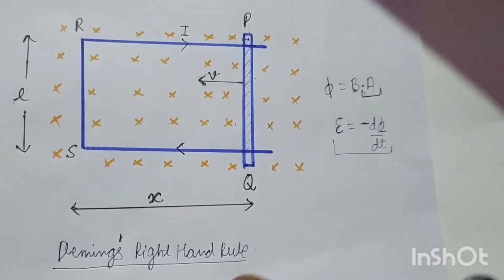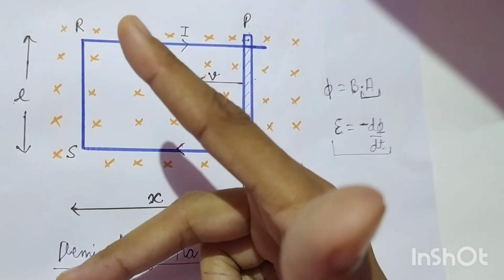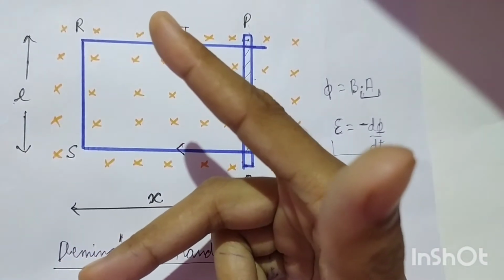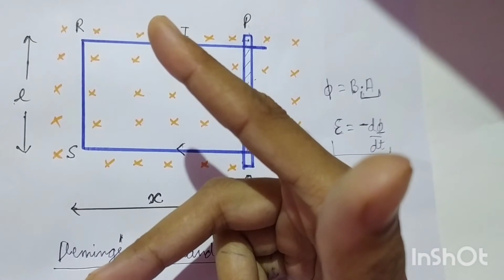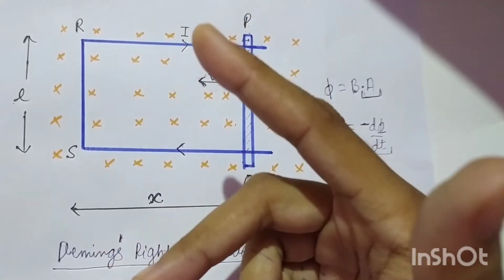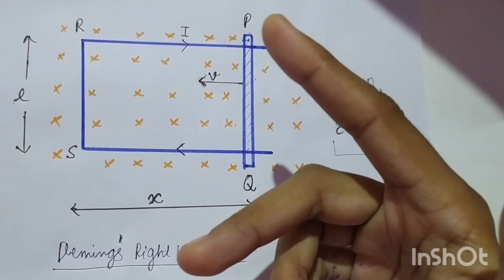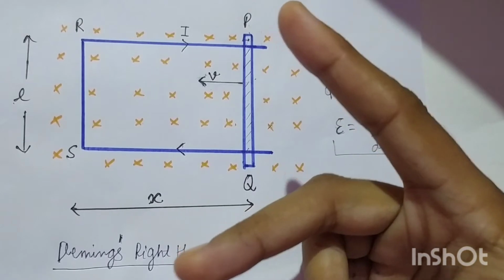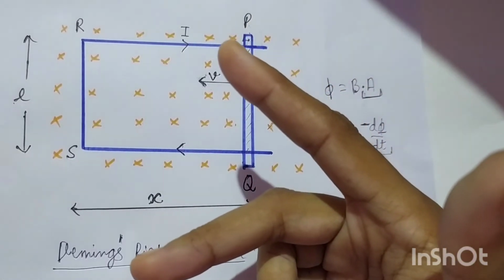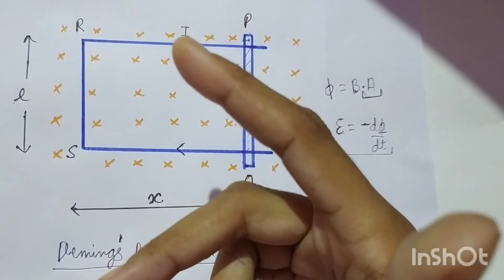If we stretch the first three fingers of our right hand perpendicular to each other, the forefinger is in the direction of magnetic field, and the central finger gives the direction of current. How will we find the direction of motion of the conductor? The thumb gives the direction of motion of the conductor.